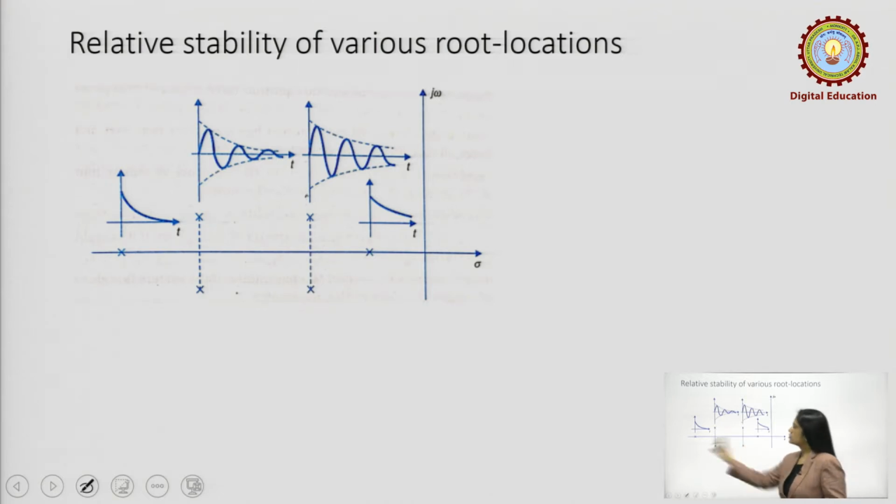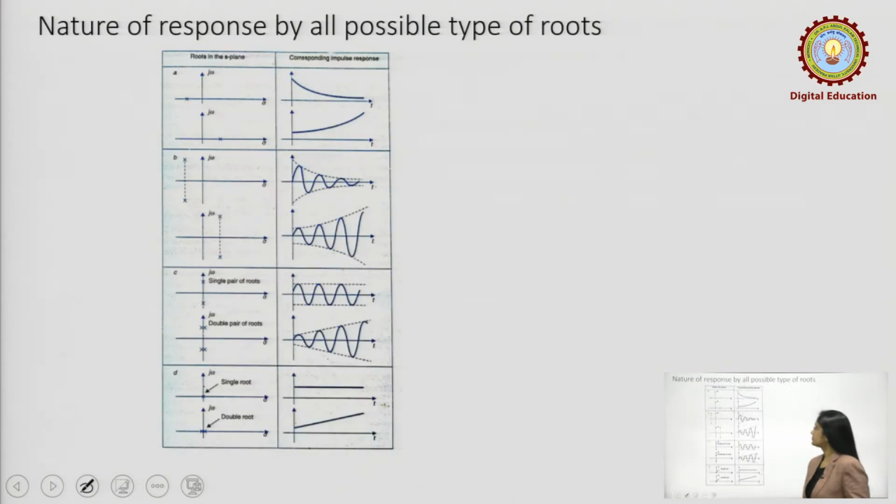So, as the roots are farther away from the imaginary axis, the transients die out quickly and the steady state is achieved much faster than for those roots which are nearer to the j omega axis. This is the response curve of a second order system when subjected to unit step input.